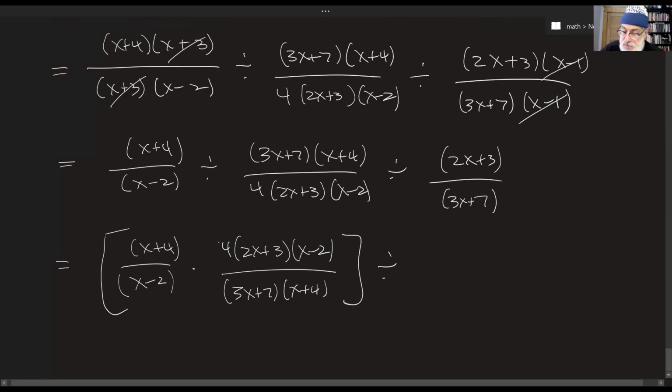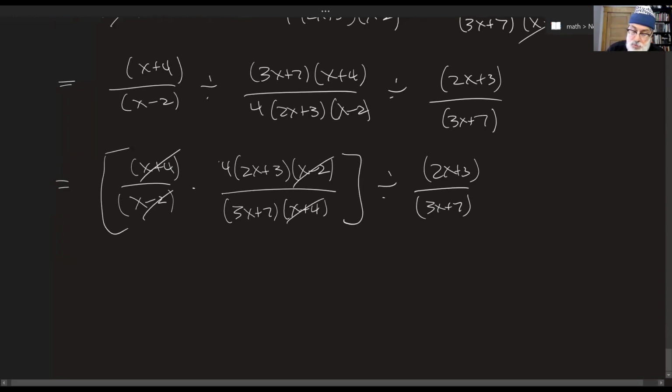And that's still being divided by 2x plus 3, 3x plus 7. So now I have reciprocal multiplication in the brackets here. So now I can cancel stuff. So this goes. This goes. And what we are left with then is 4, 2x plus 3 divided by 3x plus 7.